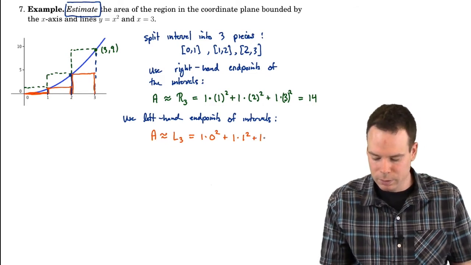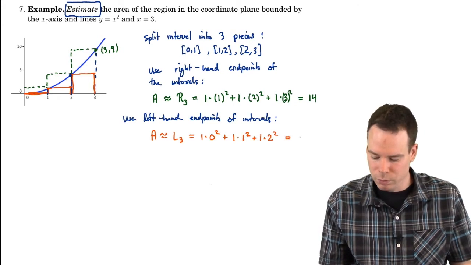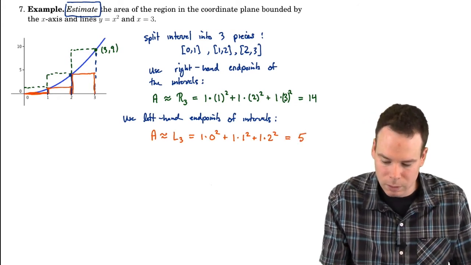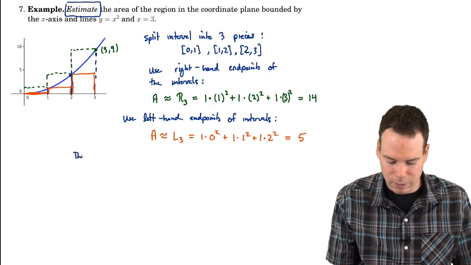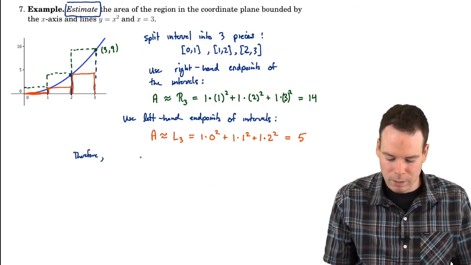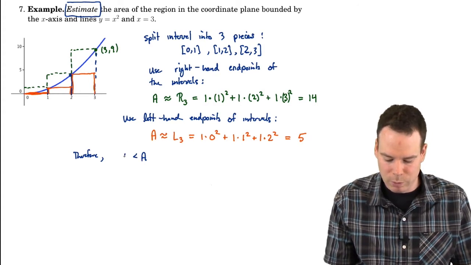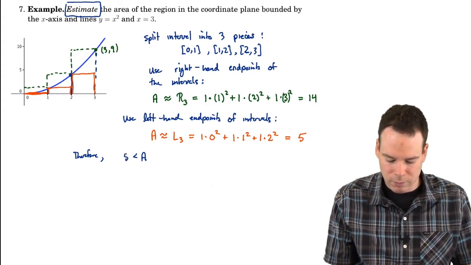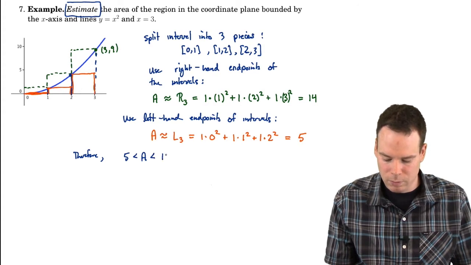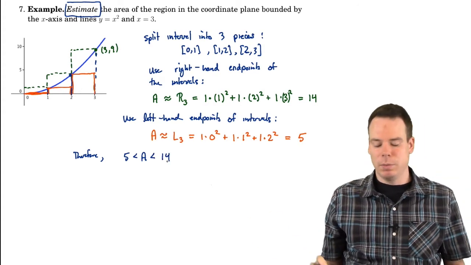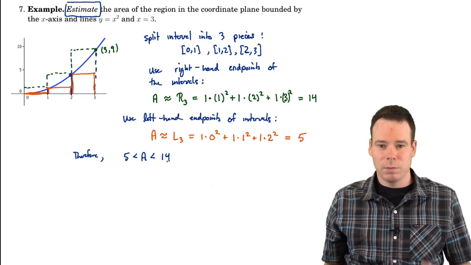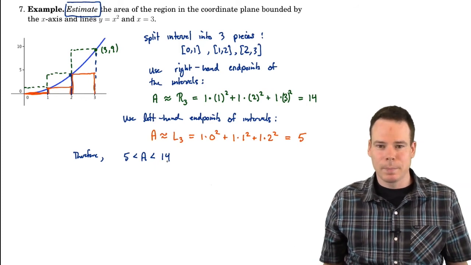So that's base, which is 1, times 2 squared. That's 0 plus 1 plus 4, which is 5. So what do we have? We have that the actual area under the curve is trapped between 5 and 14. So there's our estimate. We know that the actual area under the curve is between 5 and 14.